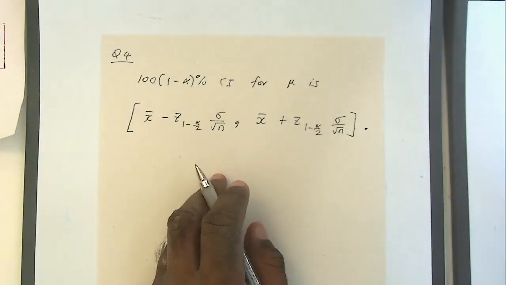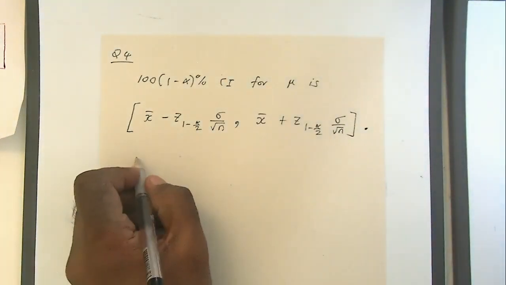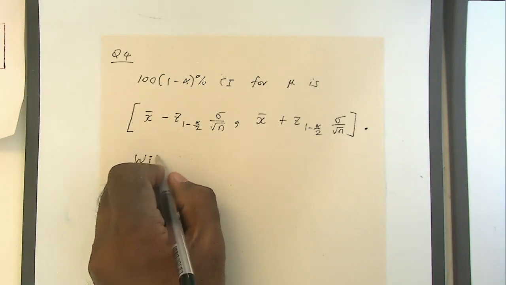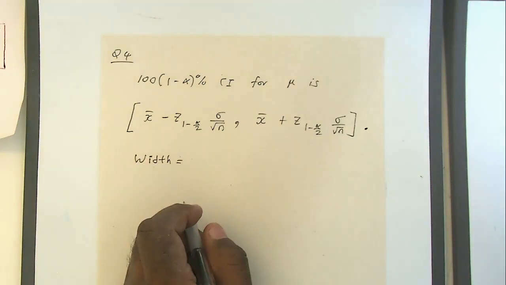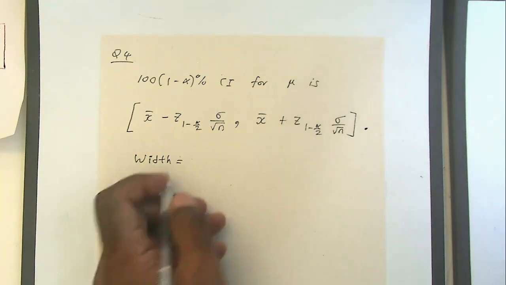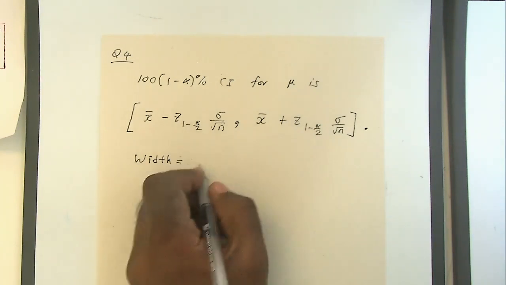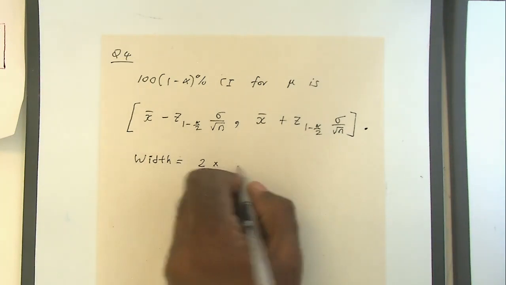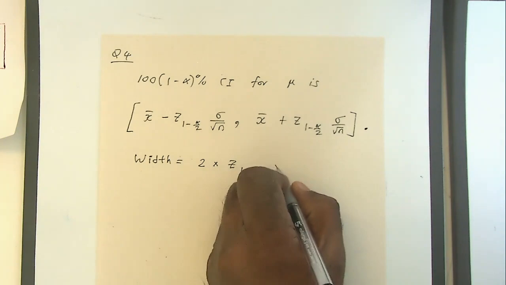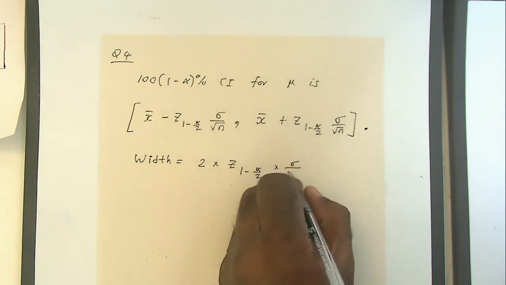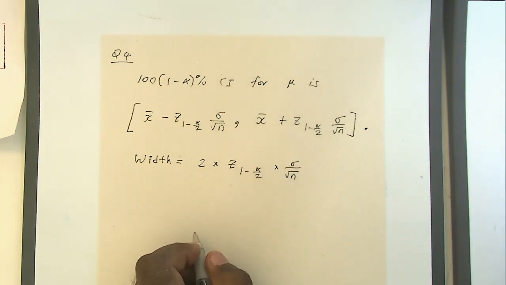This is the confidence interval, right? Now what is the width of this interval? This minus this, which is what? 2 times z times sigma over root n. Okay, this is the width.